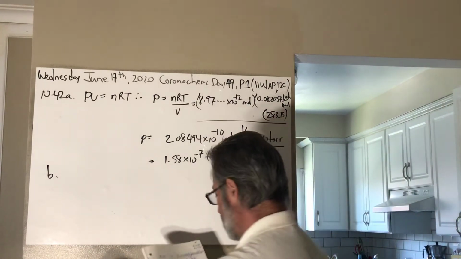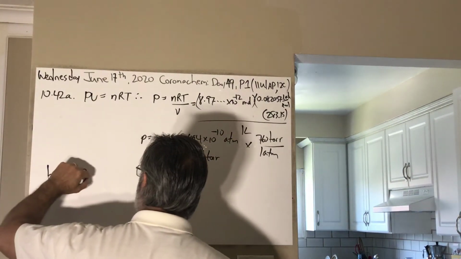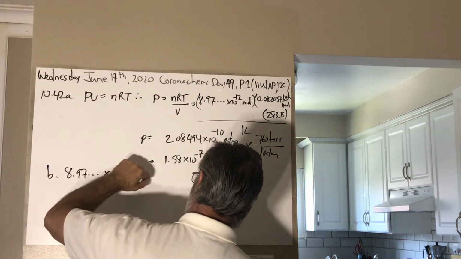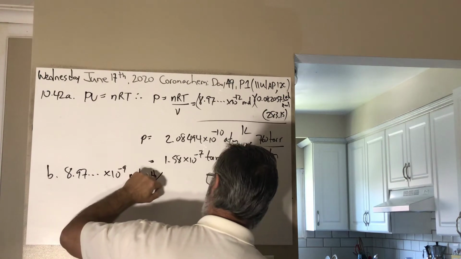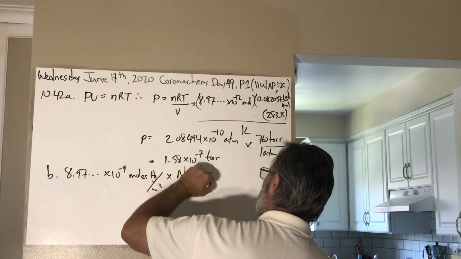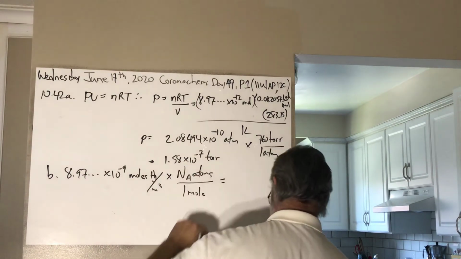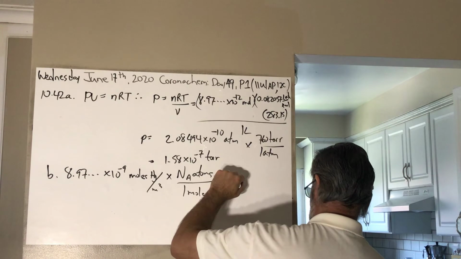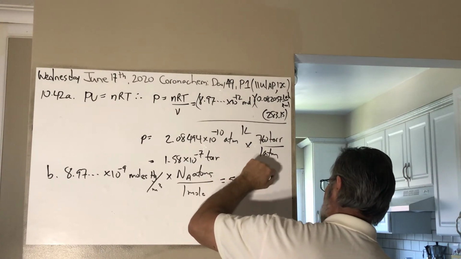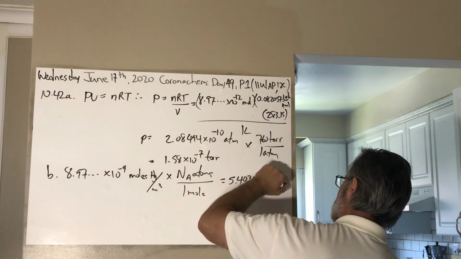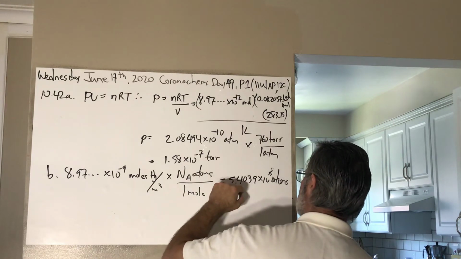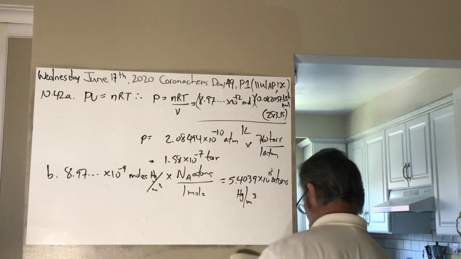Well, if you have 8.97, etc., times 10 to the negative 9 moles of mercury per meter cubed, times an Avogadro's number of atoms per mole, then you're going to have 5.4039 times 10 to the 15 atoms of Hg per cubic meter.